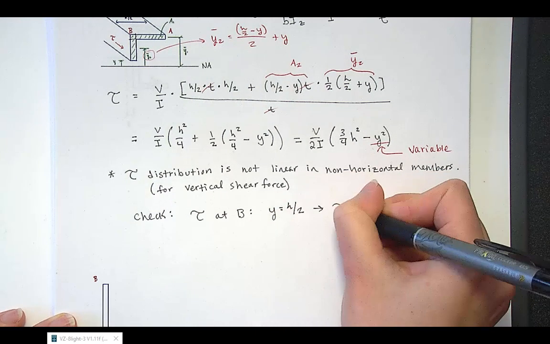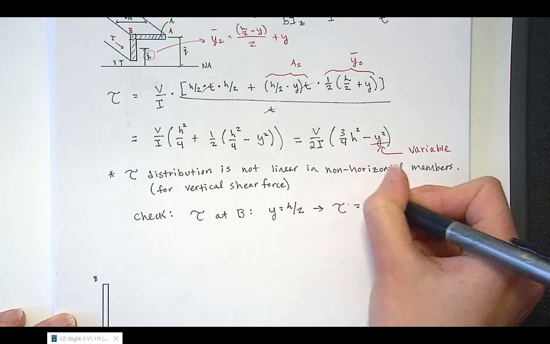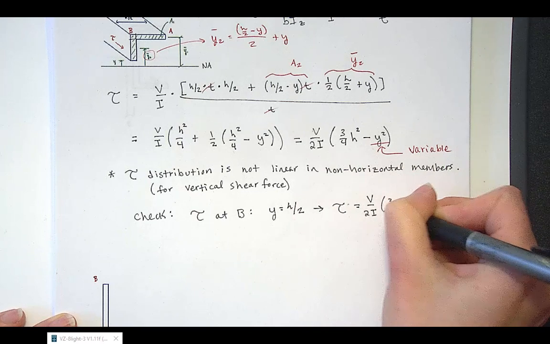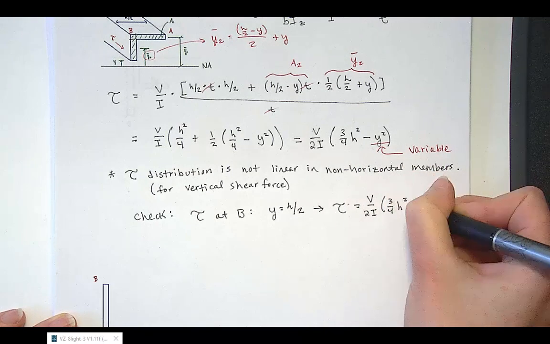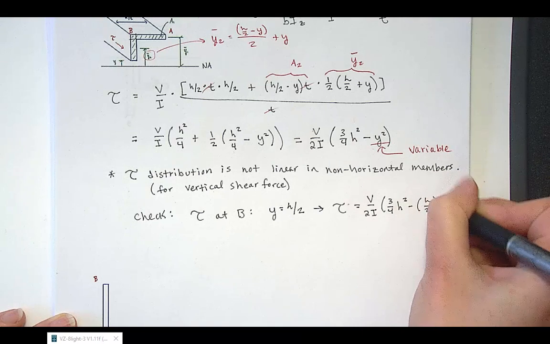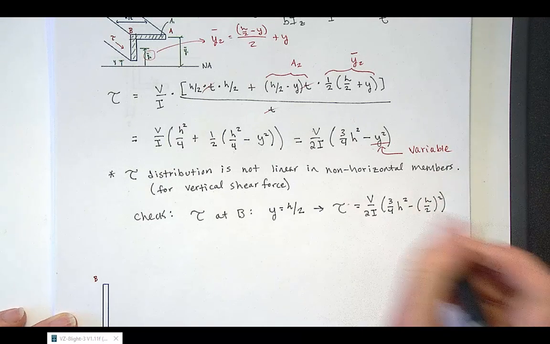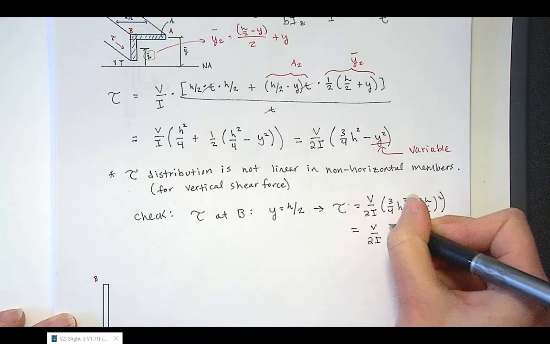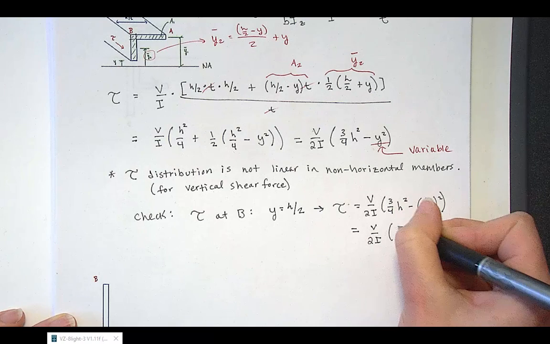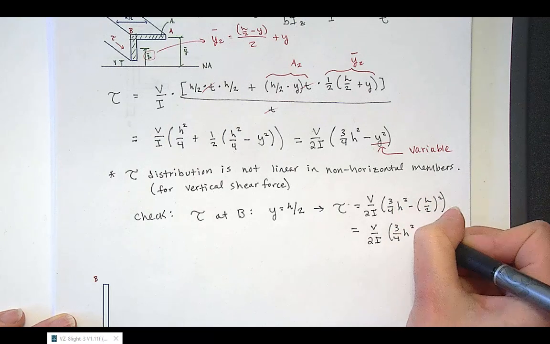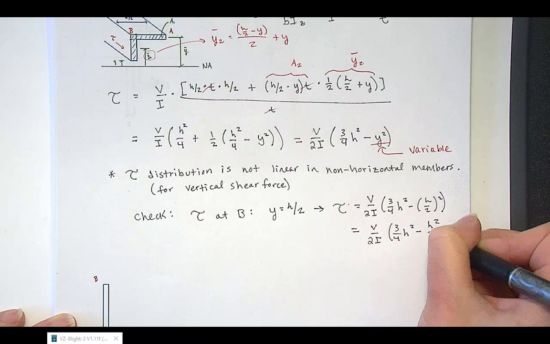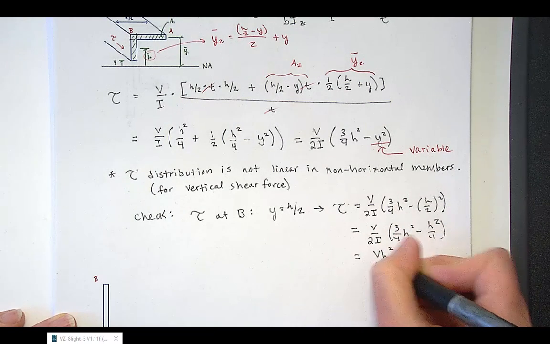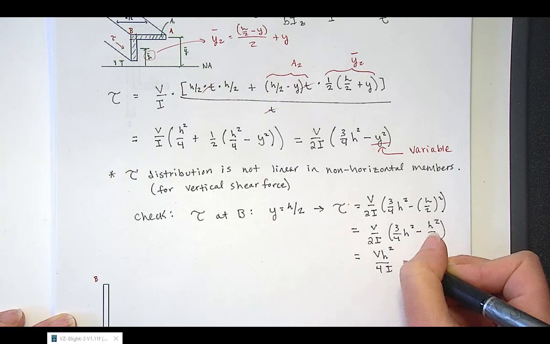So our shear stress, if we plug that in, would be V over 2I times 3 over 4 h squared minus h over 2 quantity squared, which is V over 2I times 3 over 4 h squared minus h squared over 4, which is equal to Vh squared over 4I.